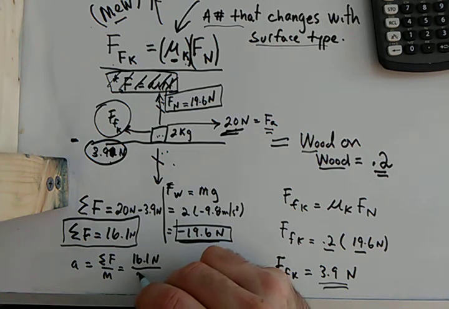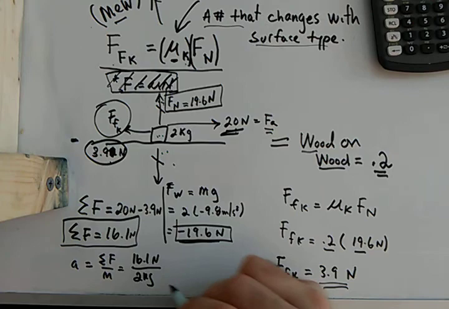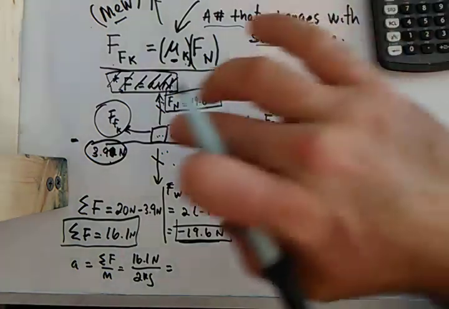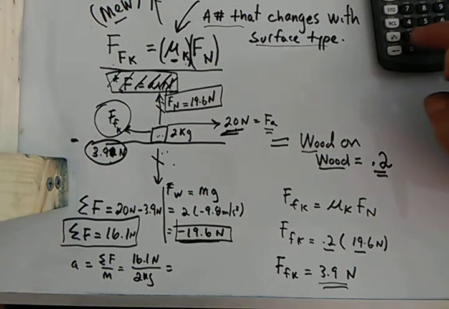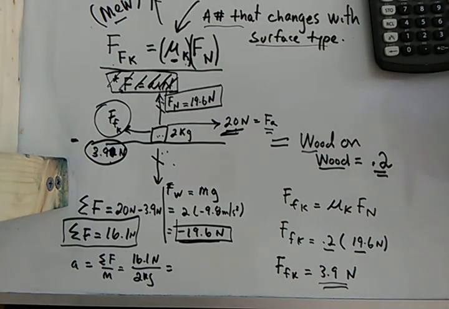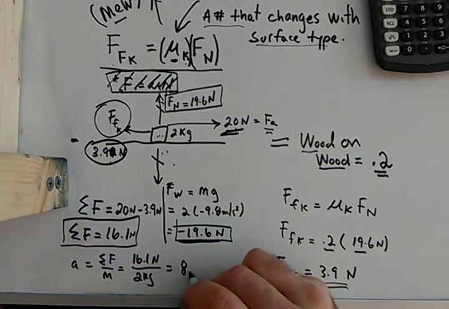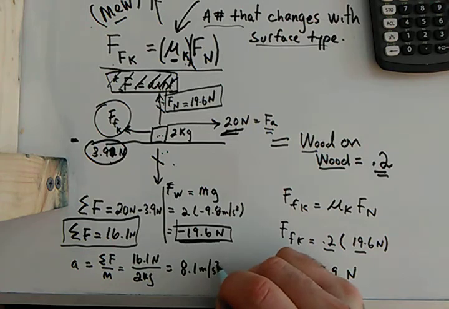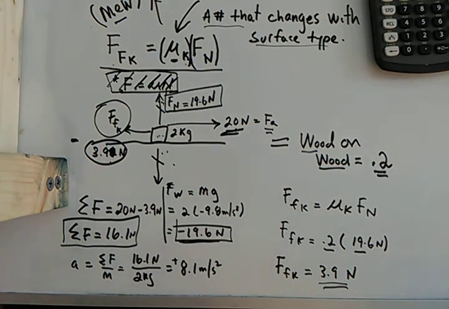Our mass, we said, was 2 kilograms. So we're able to actually calculate the acceleration of this block as 16.1 divided by 2. So the acceleration is 8.1 meters per second squared to the right.